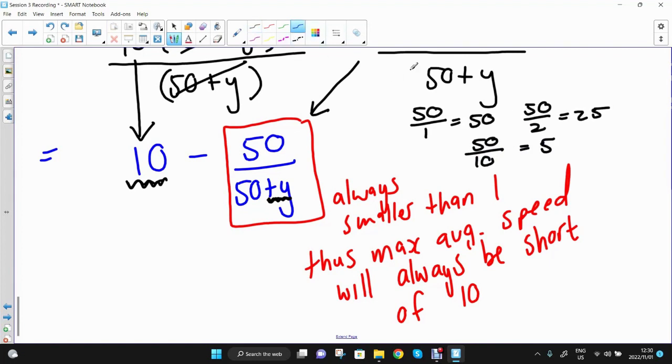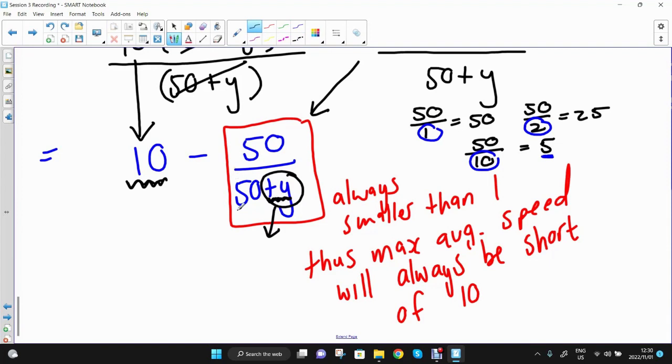So what I want you to see is as the denominator is getting bigger and bigger, the answer for the fraction is actually getting smaller and smaller and smaller. So if you increase this with a lot, like if you go as fast as you possibly can, you can increase it by quite a bit.